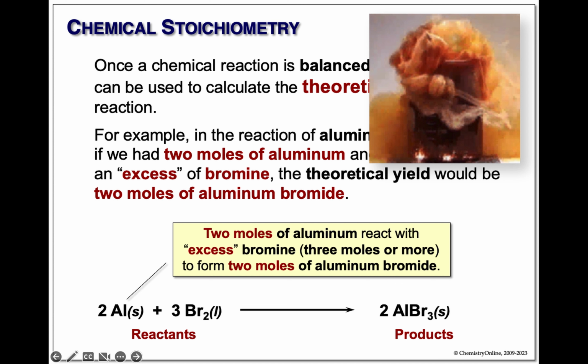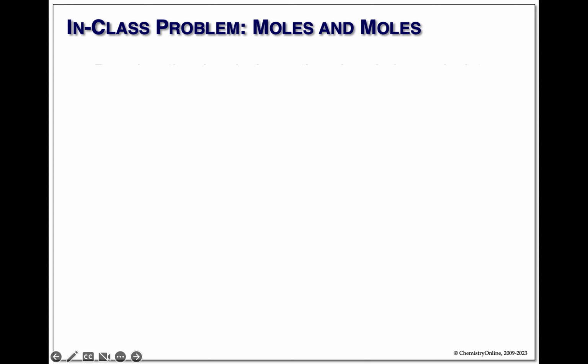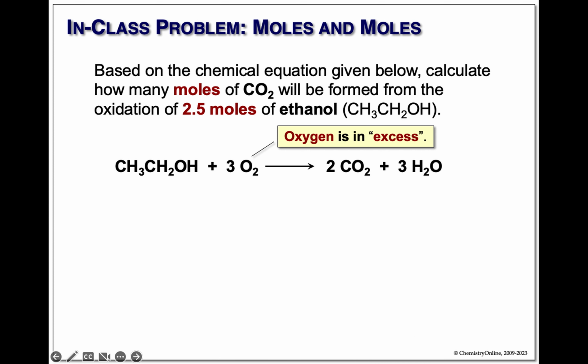Well, what we're going to do is approach this concept of theoretical yield. We're going to look at a series of reactions, and we're going to see a very simple way to calculate the theoretical yield for a given reaction. The first thing we're going to do is moles and moles.